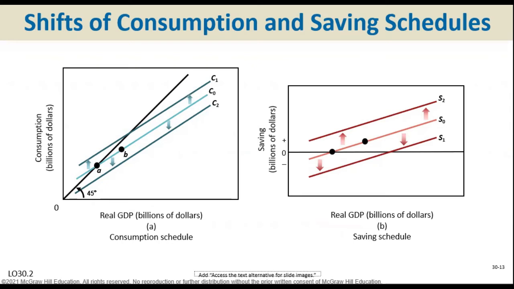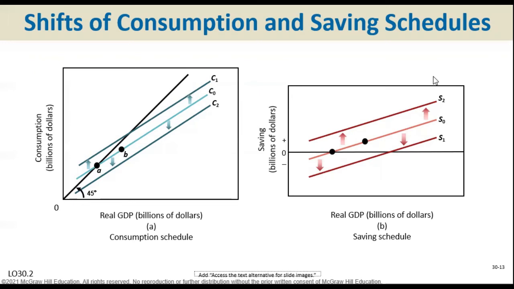So a household consumes more at each level of real GDP, right? And they necessarily save less. So you can see here that if we shift the consumption down from C0 to C2, consequently the saving will shift up from S0 to S2, right?